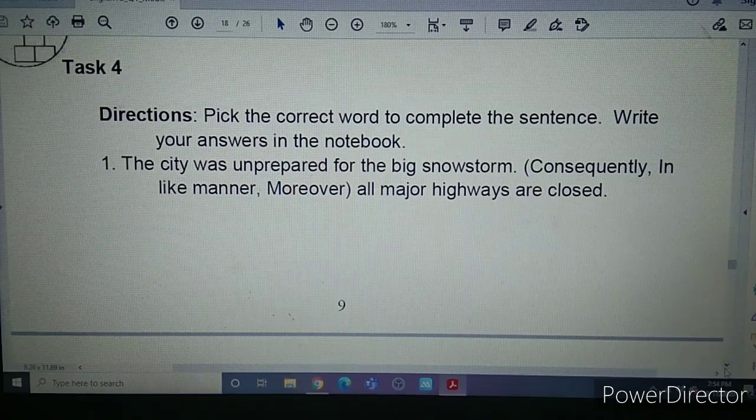Number 1. The city was unprepared for the big snowstorm. The choices are consequently, in like manner, and moreover. All major highways are closed. Okay, the correct answer for number 1 is consequently.